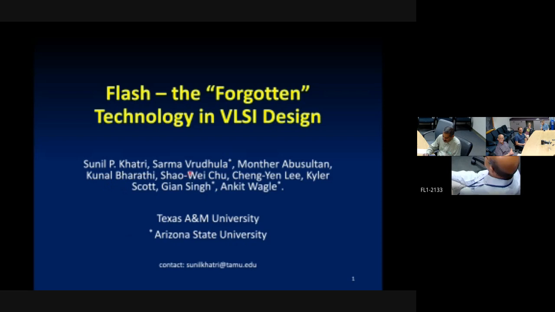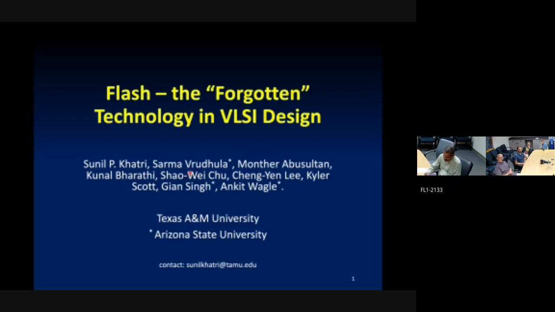There's Sarma Mridula, who's from Arizona State University, a professor there. And some parts of this work, we worked collaboratively. And then the rest of the names in this list are my students. Mondar is the first guy who did the Flash-based work. His PhD thesis was on the use of Flash for digital designs. And then there's Kunal, who did some of the security work.